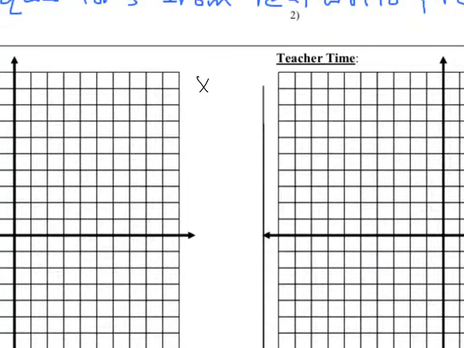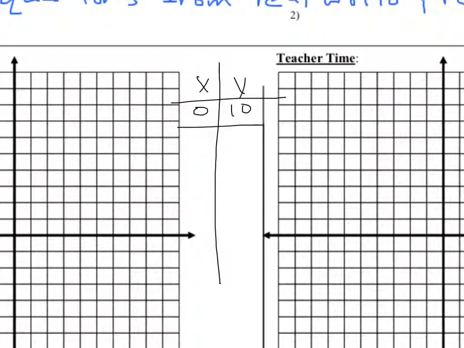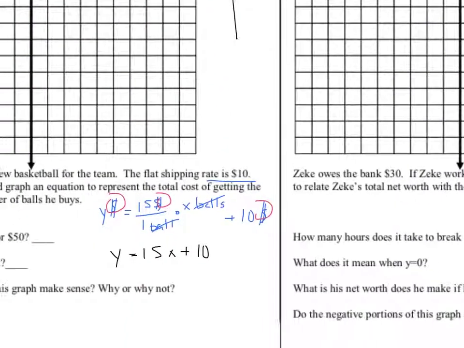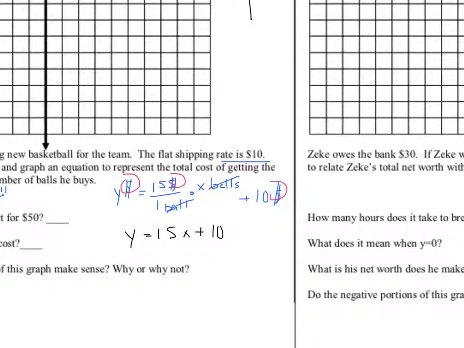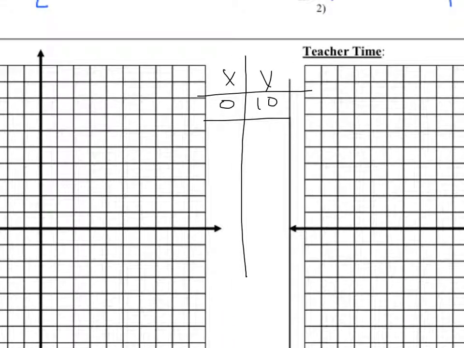Let's create a t-chart over here. If I ask them to ship 0 balls, what's it going to cost me? $10. That's my starting point. That's my y-intercept. And that makes sense because if we came back down to our equation, that's definitely the first point that we could have come up with. All right, if I buy one ball, how much is it going to cost me?